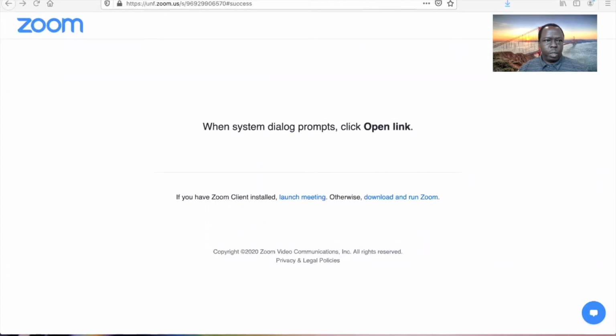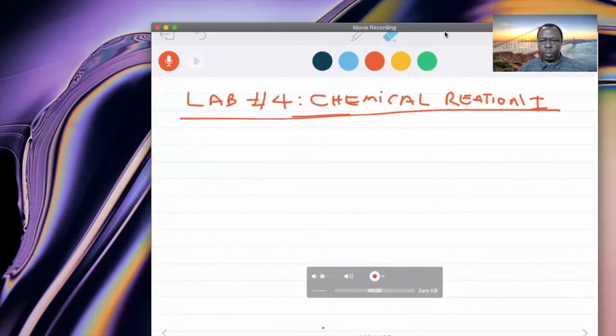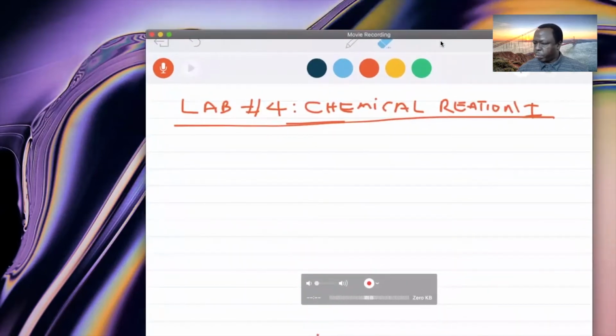I will use my whiteboard here to show you the empirical formula of a compound, but before we do that, let's define the word empirical formula.